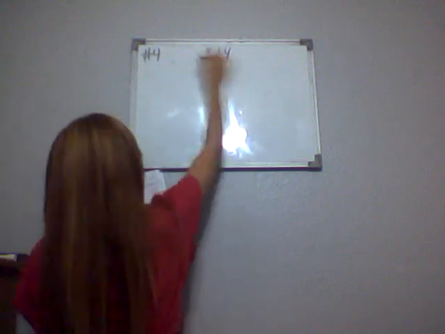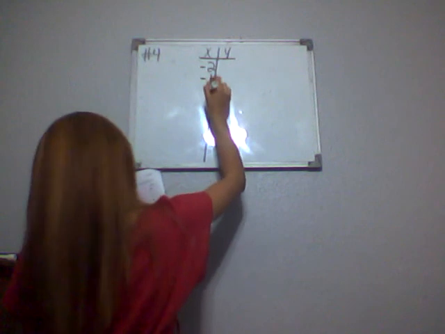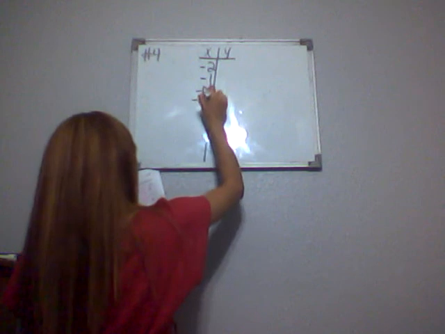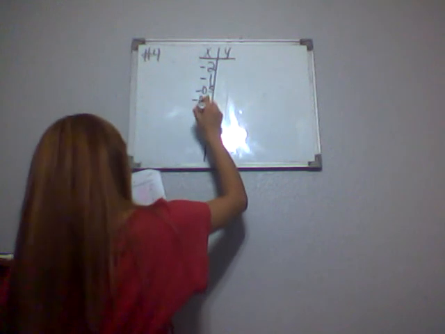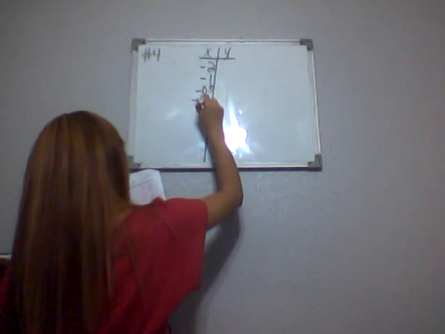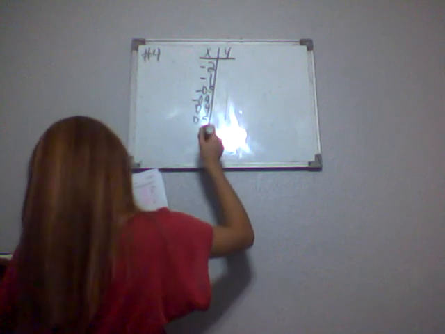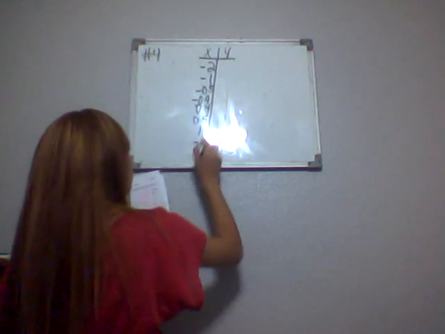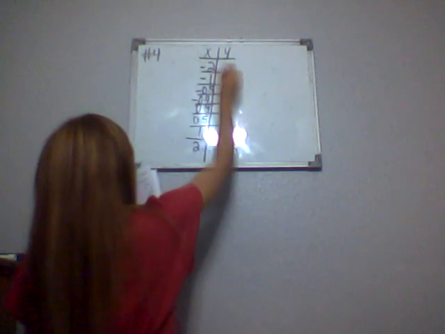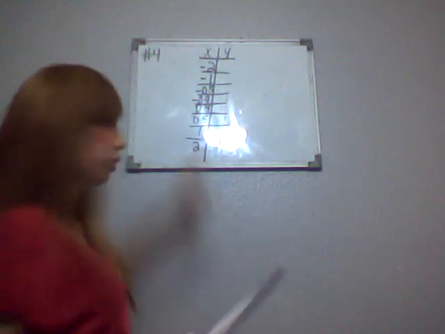They're giving you negative 2, negative 1, negative 0.5, negative 0.4, 0.4, 0.5, 1, and 2. So it's giving you 8 points right here.